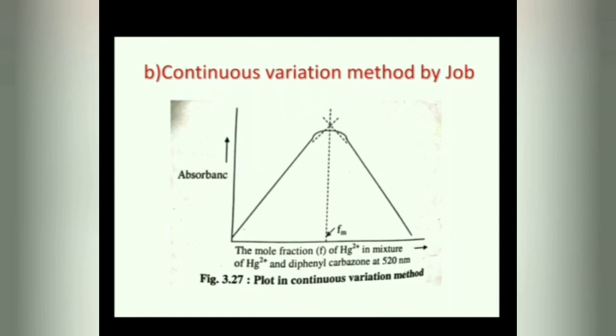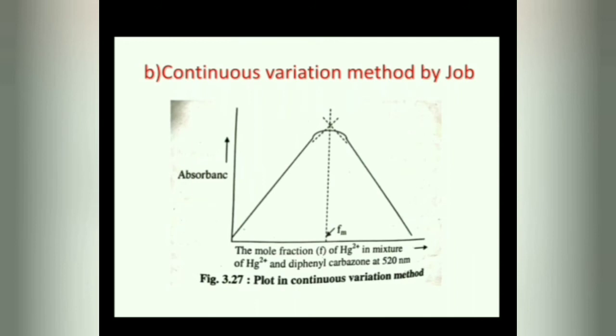Here also we are taking the example of the mercury diphenyl carbazone complex. So student, in this particular case, at the start the absorbance increases, but when the Fm point is reached, the maximum equivalent amount of the complex is generated and no species of the two components is unconsumed at this stage, and therefore after that the continuous variation method shows a decrease in the absorbance of the solution.